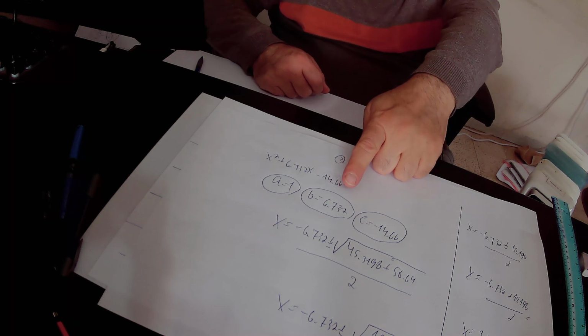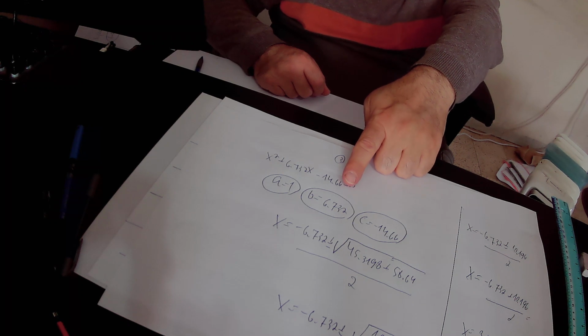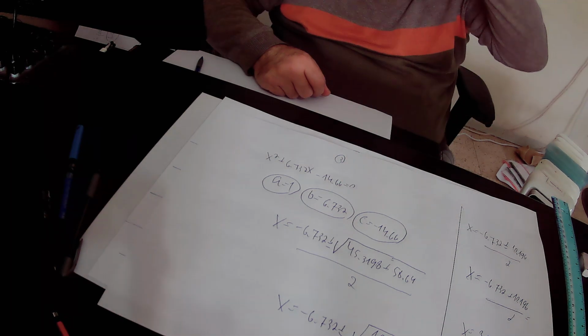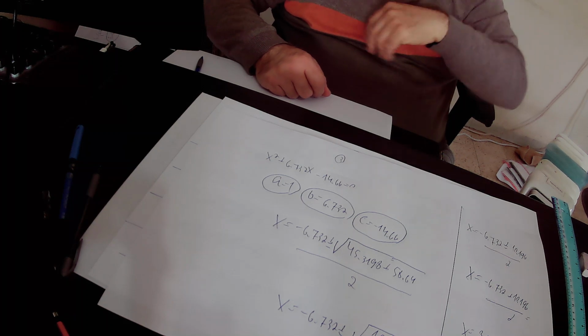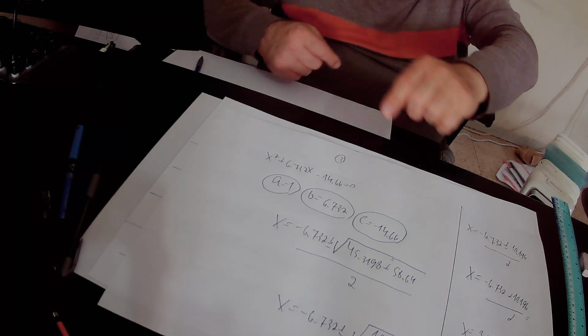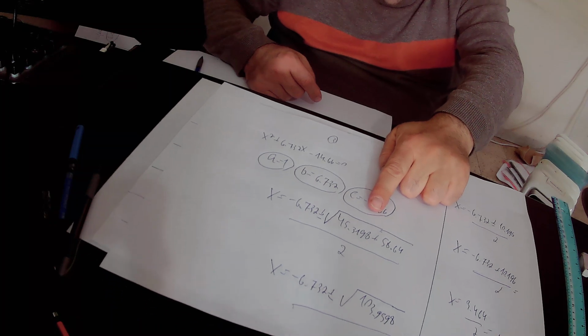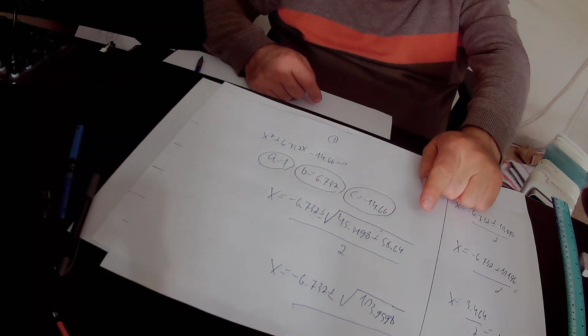According to the general formula, x equals minus b. b is 6.732, therefore minus b is minus 6.732, plus or minus the square root of b squared. b squared is 6.732 squared, that is 45.3198.